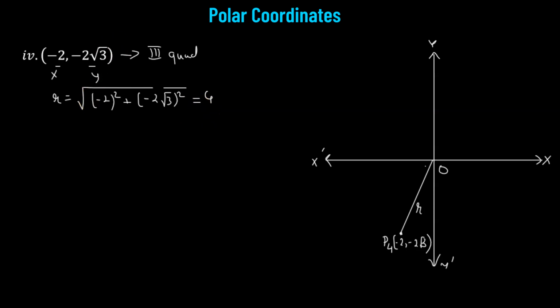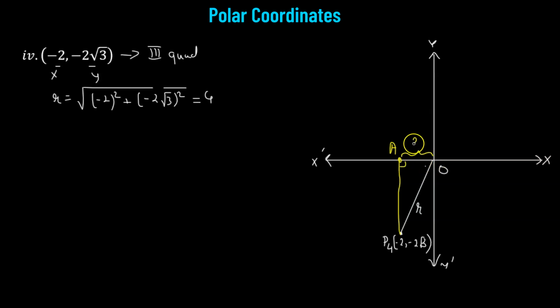Now to find the angle theta, we will first drop a perpendicular from point P4 on the x-axis. This is the trick that we will use. We drop a perpendicular from point P4 on the x-axis and name it A, such that triangle OAP4 is a right angle triangle, right angled at A. Now we can find the x component.